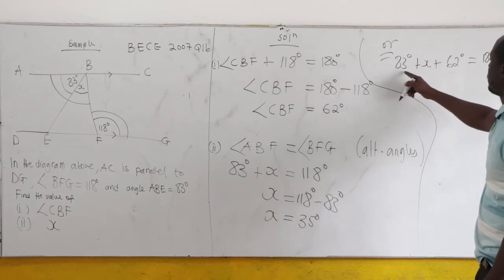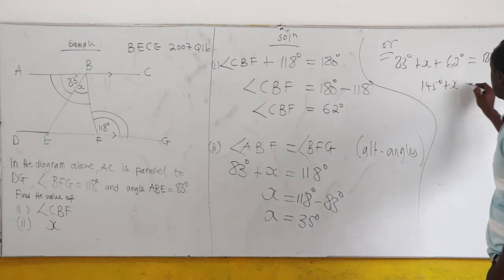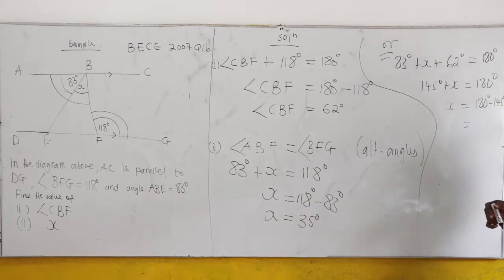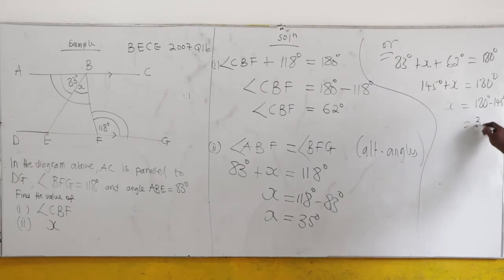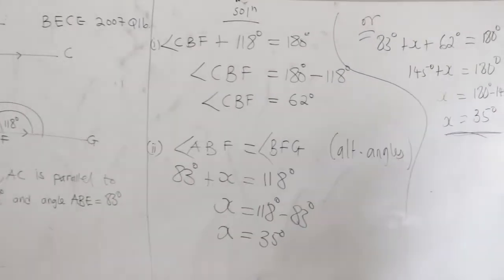Now 83 plus 62, this is 145 degrees, plus x equal to 180 degrees. So our x is equal to 180 degrees minus 145 degrees. Now what is 180 minus 145? 180 minus 145, that is 35 degrees. And this is very, very easy.